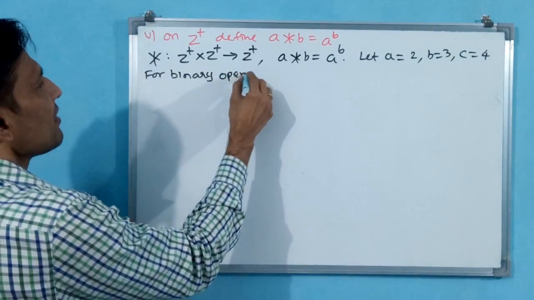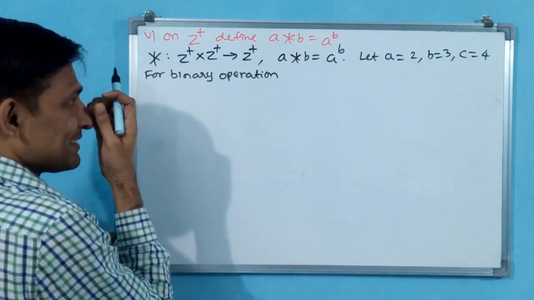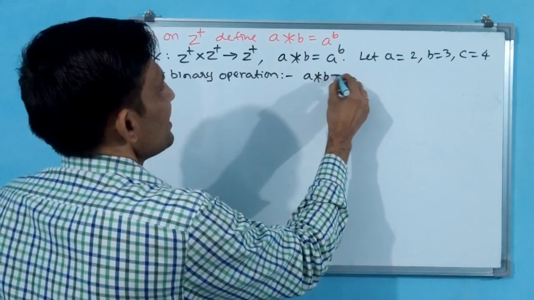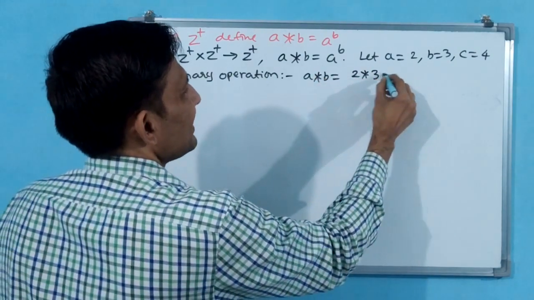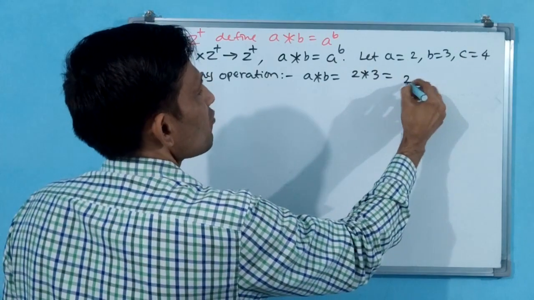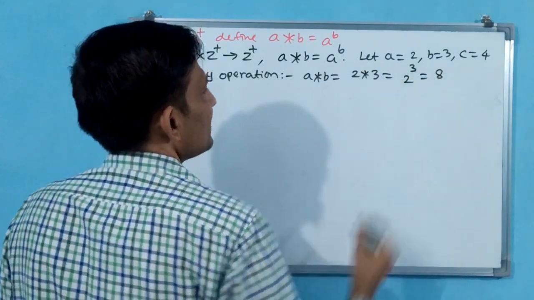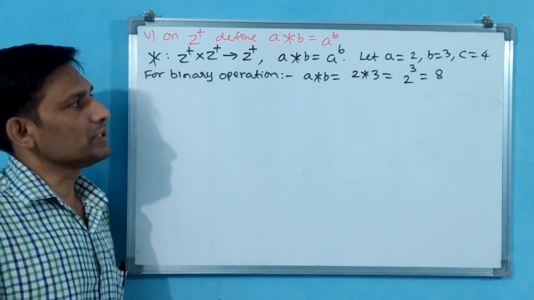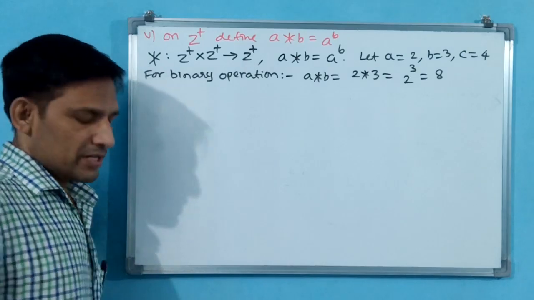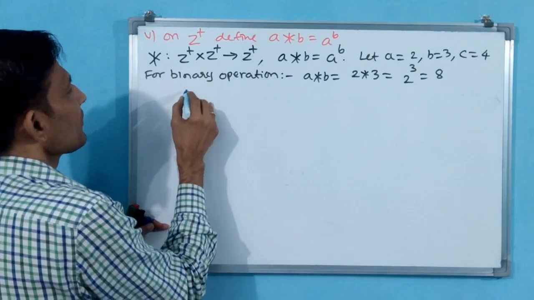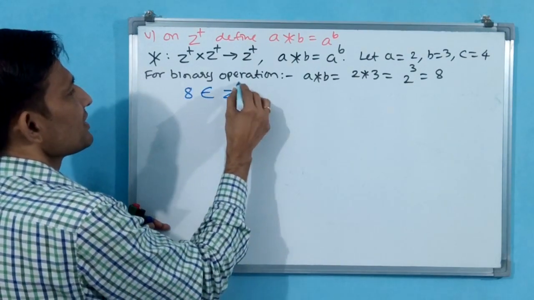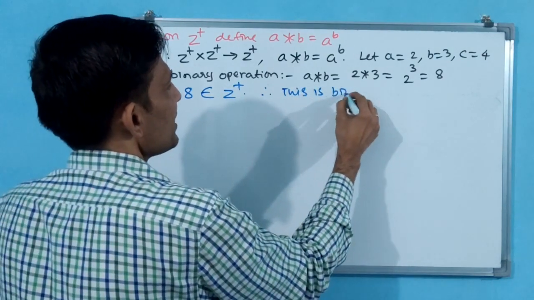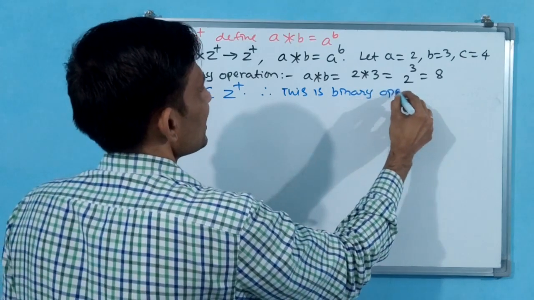A star B is equal to 2 star 3, that is equal to, see A power B, 2 power 3, that is equal to 8. Now you tell me, this 8 belongs to Z plus? Definitely belongs to Z plus. Then this is binary operation. You write like that. 8 belongs to Z plus. Therefore, this is binary operation.